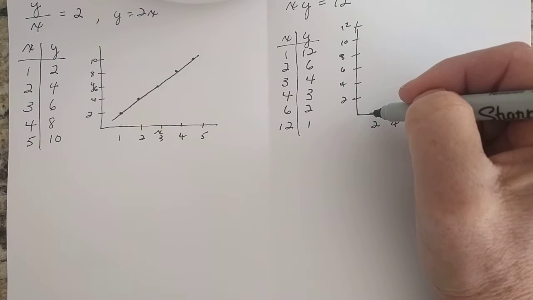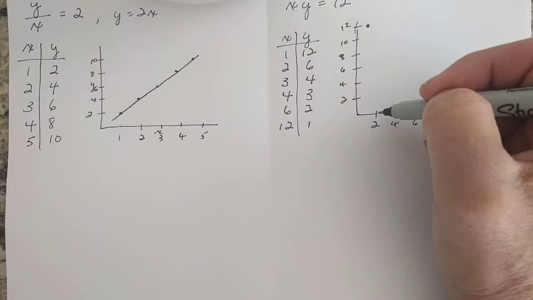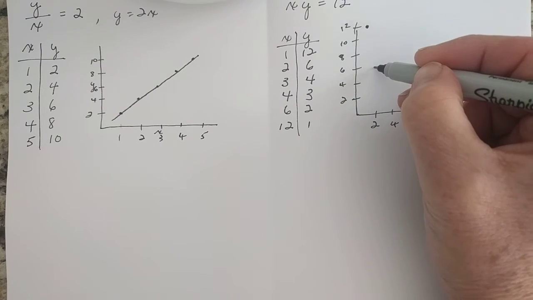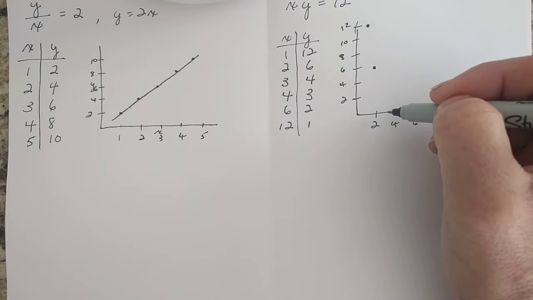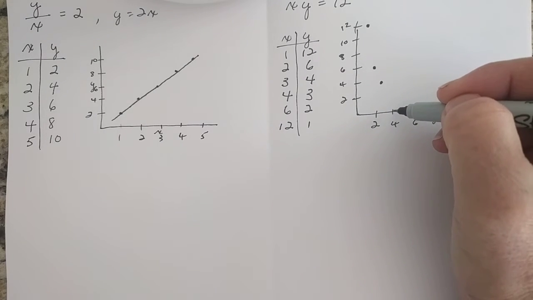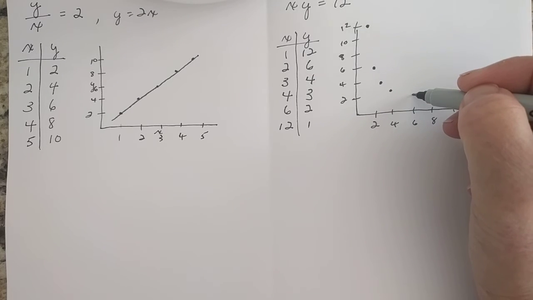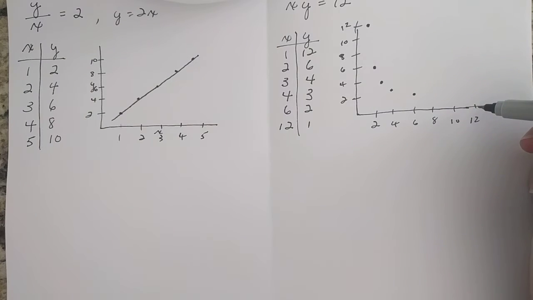So when x is 1, y is 12. When x is 2, y is 6. When x is 3, y is 4. When x is 4, y is 3. When x is 6, y is 2. When x is 12, y is 1.